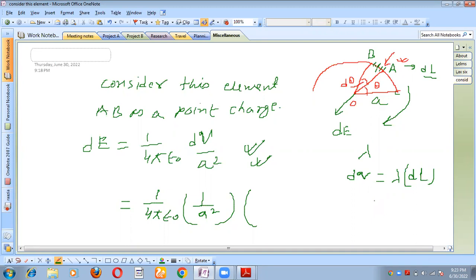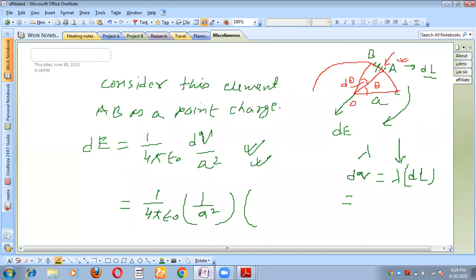Okay, let me explain again. We know in the question it is given that the charge density of the circular arc is lambda. That is charge per unit length. Lambda is the charge per unit length of the element of the arc.